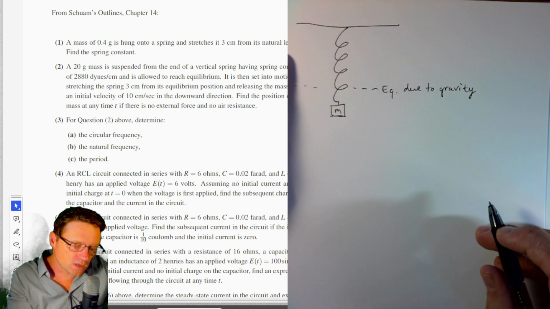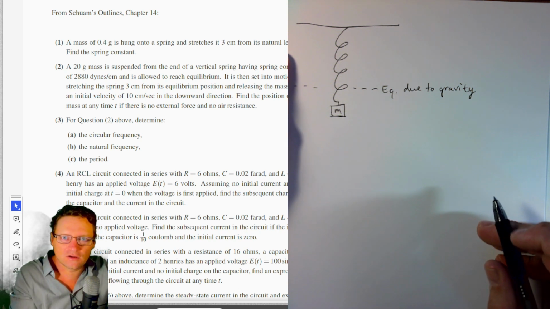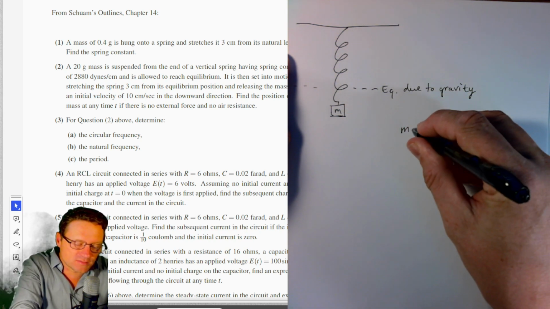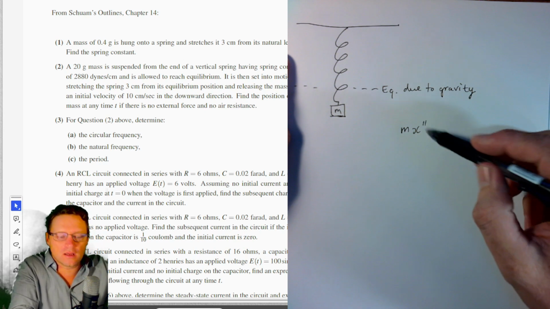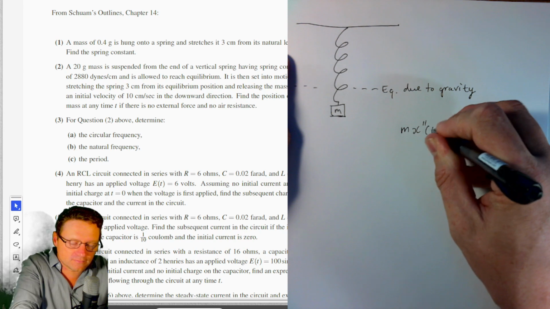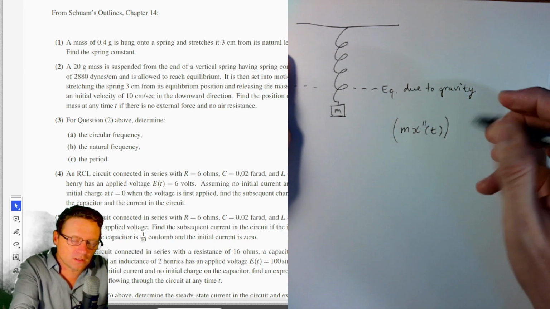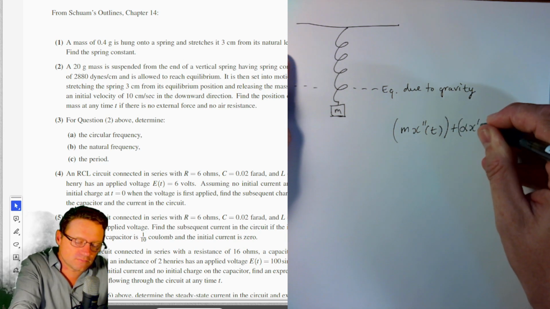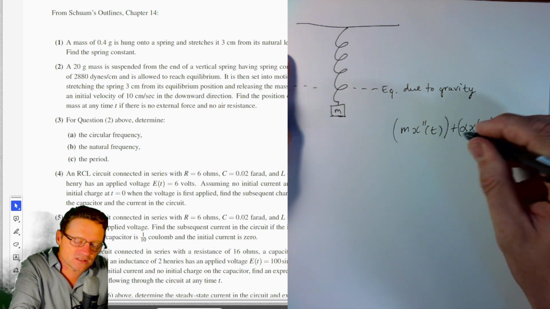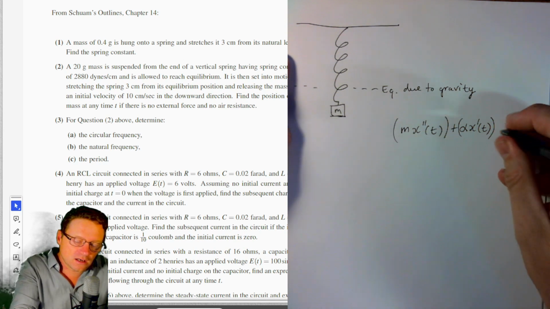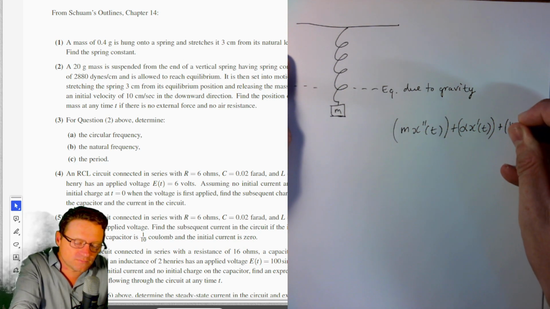Without an external force acting on this, what we would have is the equation mass times acceleration, so that's mass times the second derivative of x with respect to t. Then we would have the force due to air resistance, so some constant, say alpha, times the velocity, x dash as a function of t. And then we would have the force due to Hooke's law, k times x as a function of t.